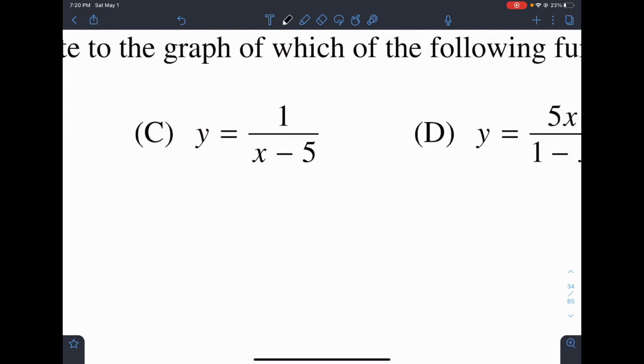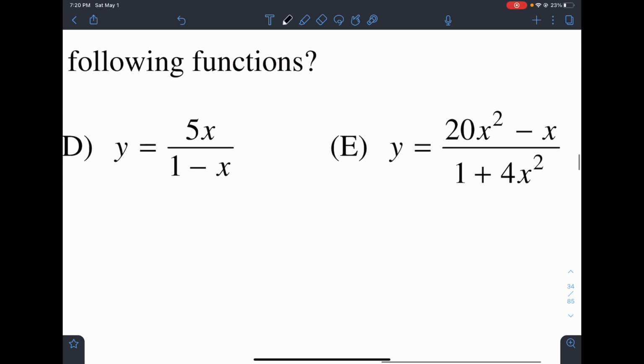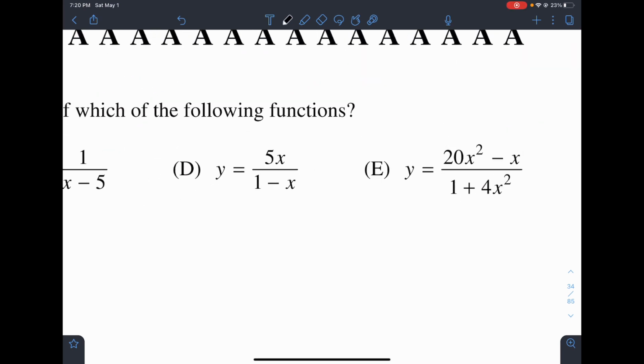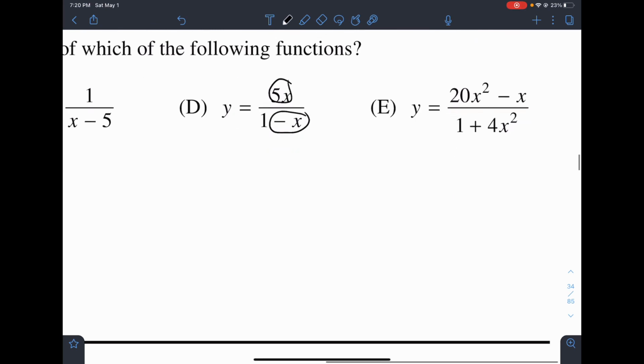For c, this is basically like 1 over x, which goes to 0, so we can rule out that. 1 over x minus 5 doesn't really change the graph that much, so we can rule out c as well. Now, d and e could both be it, because we're going to take high power over high power here. So this will be 5x over minus x, which equals negative 5.